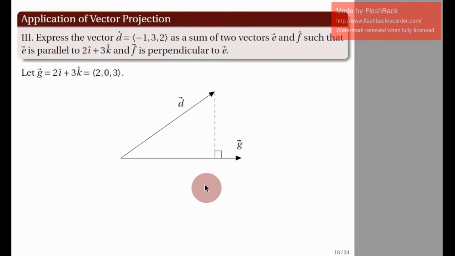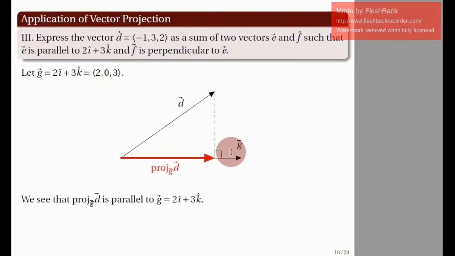And now we see what it is. It is precisely the projection of vector d onto vector g. Again, we recall that this projection is indeed parallel to vector g. And so it satisfies this required condition for our vector e. So perhaps we can let the vector e be precisely equal to the projection of vector d onto vector g. So we were able to look for a vector e.